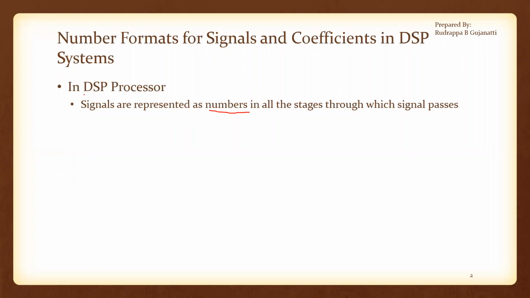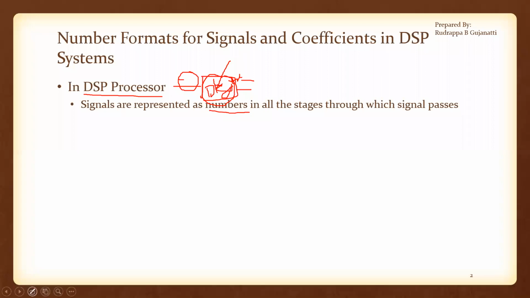Since we are dealing with the processing of the signal, it will pass through n number of stages. If I assume the input is digital and the output is digital, then whenever the system performs some operation on this input signal, it has to represent the signal in a proper form, because it is a digital representation we are looking for.